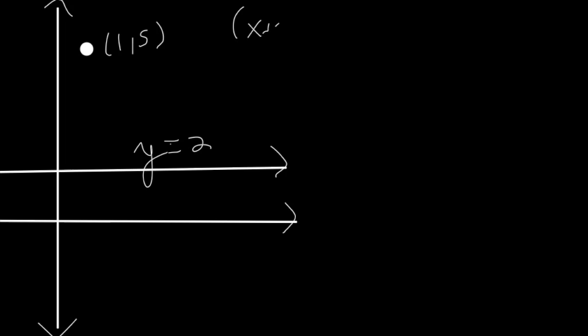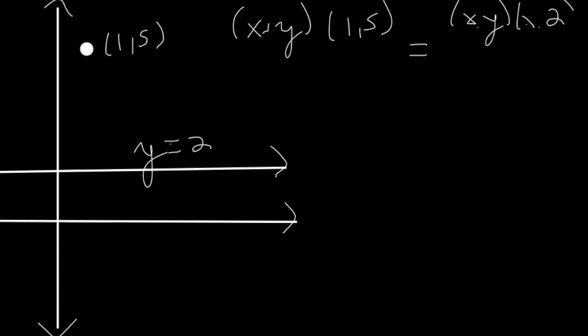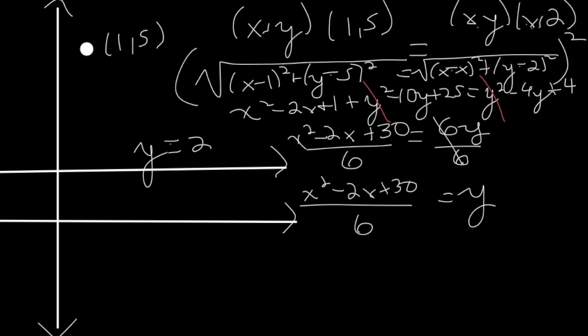We're going to do the distance between (x, y) and (1, 5) equals the distance between (x, y) and (x, 2), because x can be any value, but y can only be 2 on the line y equals 2. The equation that has all of the points that are equidistant from the point (1, 5) and the line y equals 2 is (x squared minus 2x plus 30) over 6 equals y.